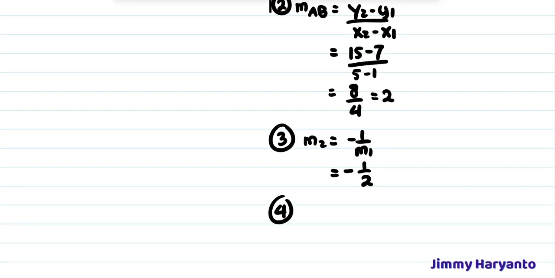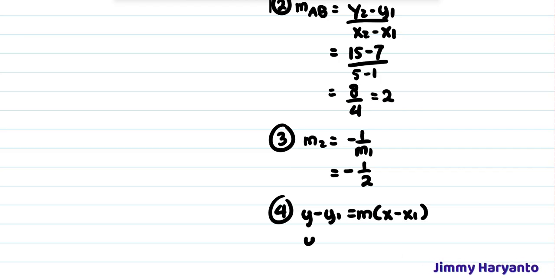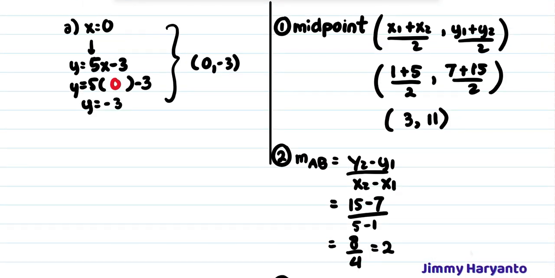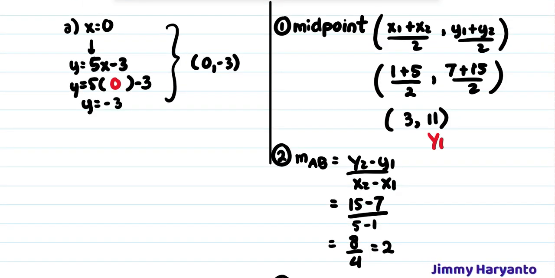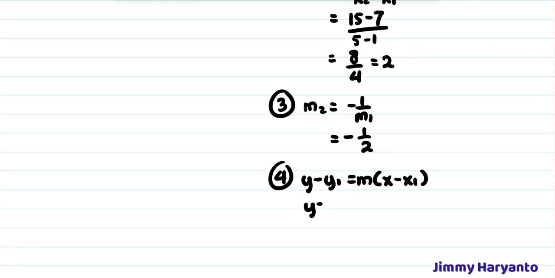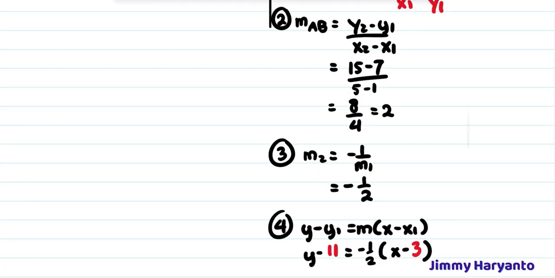And then fourth, you have to find out the equation of the line using this formula. The y1 will be taken from the midpoint, not from the point of A or B, because we want to find the perpendicular bisector, you have to take the point from the midpoint, 11 and 3. So this one is 11, this one is 3, equals to, the gradient will be negative half, like this.